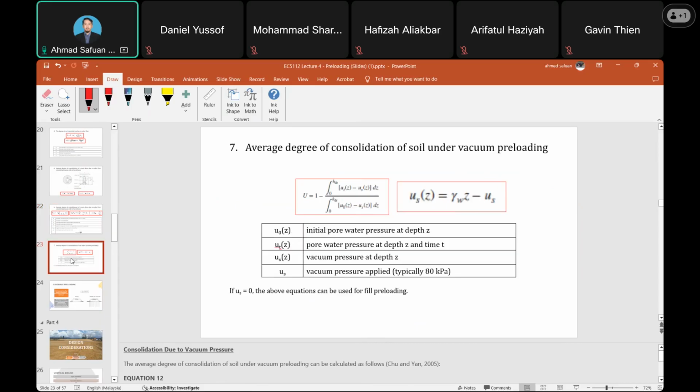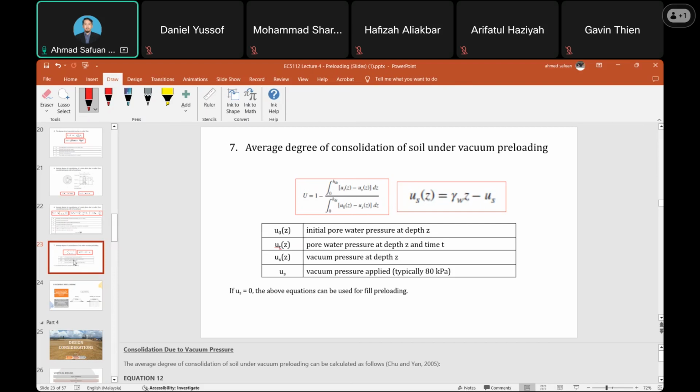If we are using vacuum preloading, however, I do not have the example for the vacuum methods. This is the equation to determine the degree of consolidation, where US is the vacuum pressure at the depth of Z. Usually, the pressure applied is 80 kPa.